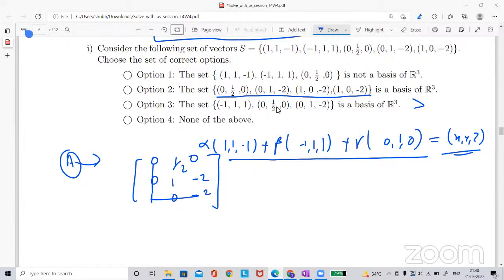If you eliminate this vector, it will give a unique solution. So the coefficient matrix is invertible, the determinant is non-zero, and it means these vectors are linearly independent.